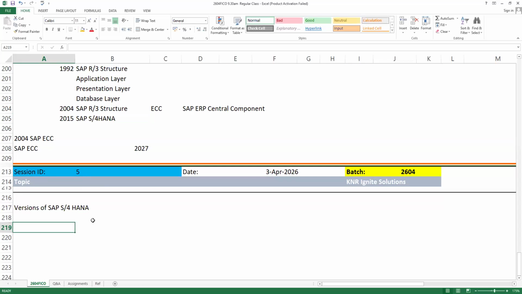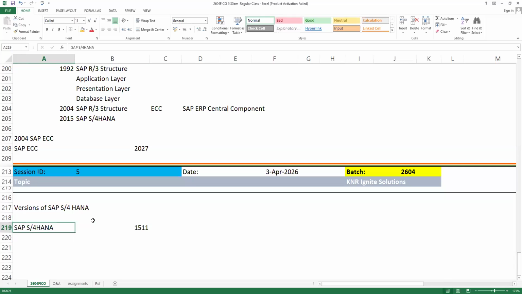The first version of SAP S/4HANA they launched, okay, let me update here, 1511.